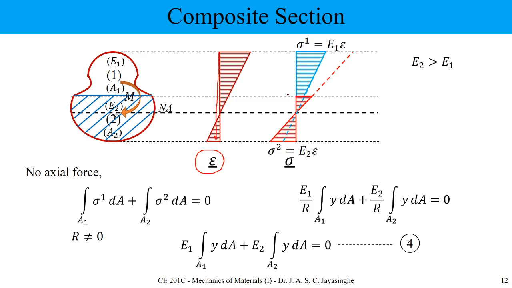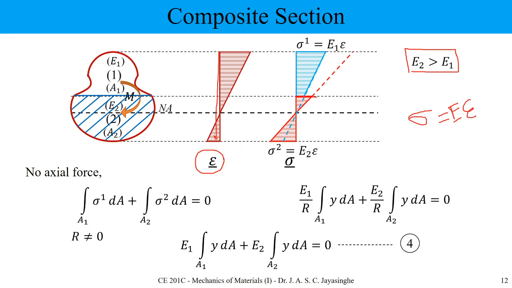When you come to the stress variation, you can see there's a difference. If we assume E2 is greater than E1, then using sigma equals E epsilon for each layer, here to here we have the larger E, so we have a bit of a larger slope.